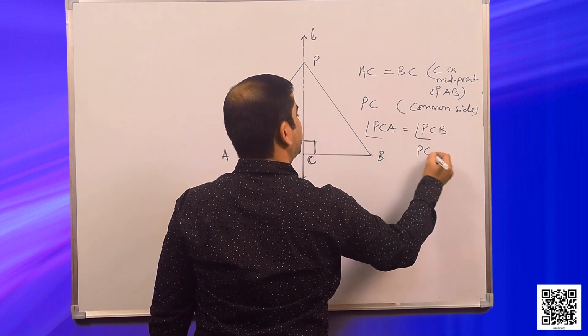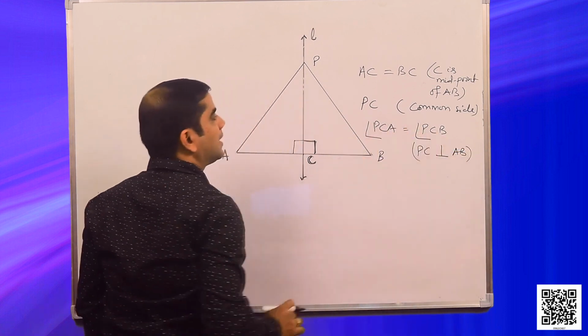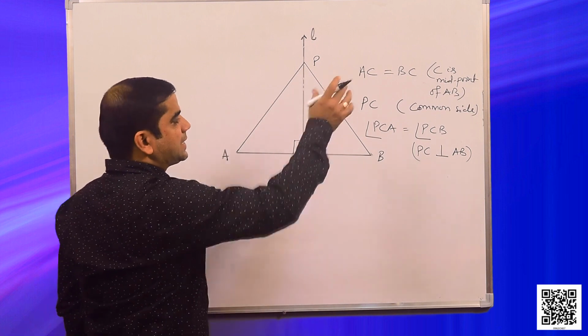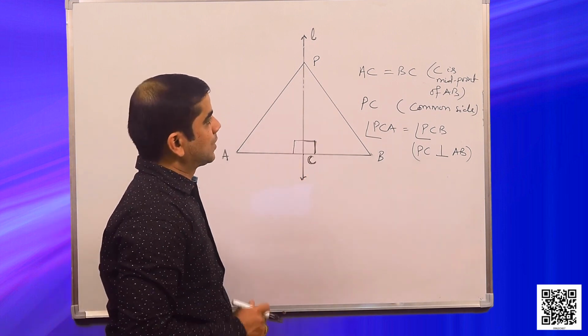Why? Because PC is perpendicular to AB, that means both are right angles. So these three things we have found from the given data.